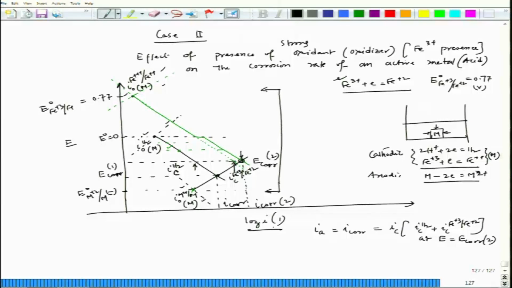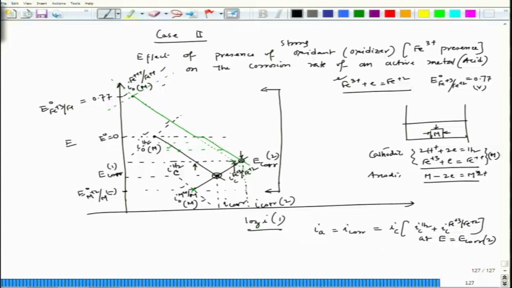And interestingly, one more thing, if you look at this carefully, had there been no Fe+3, the corrosion rate would have been here, and this should have been the rate of hydrogen evolution on the metal surface.